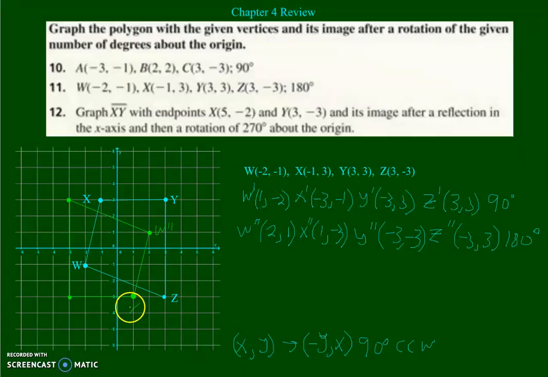So this is X double prime. Again, straight line through the points. And then Y double prime, negative 3, negative 3. And another straight line from here to here. And finally, Z double prime. Straight angles from each one of the points. And that's problem 11. Now on to problem 12.